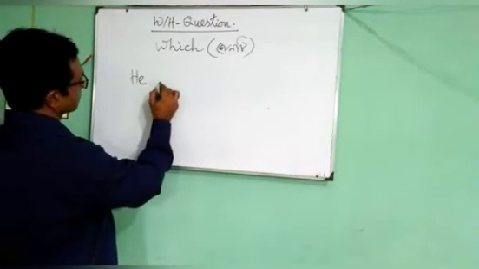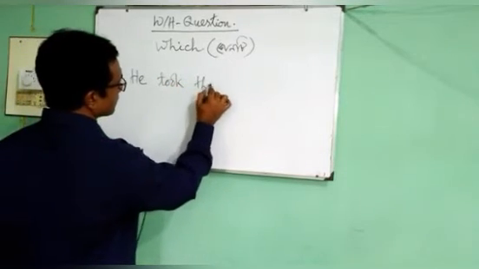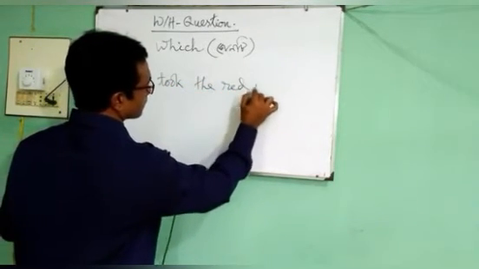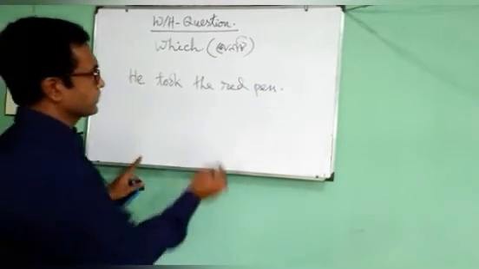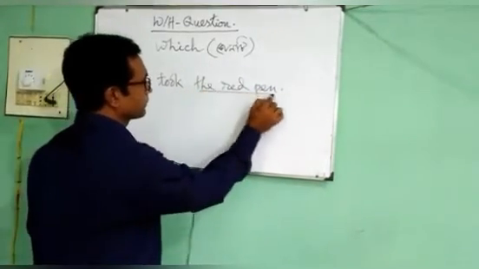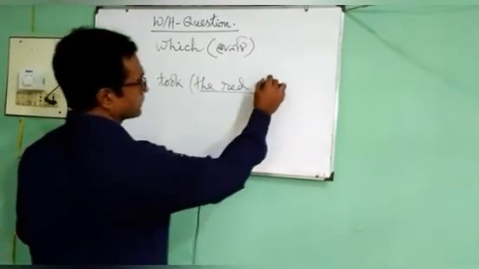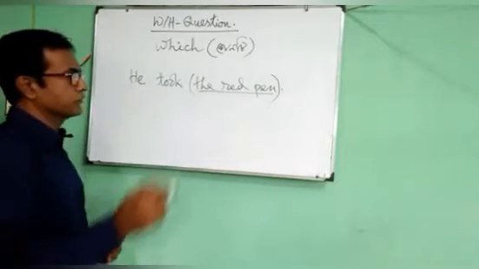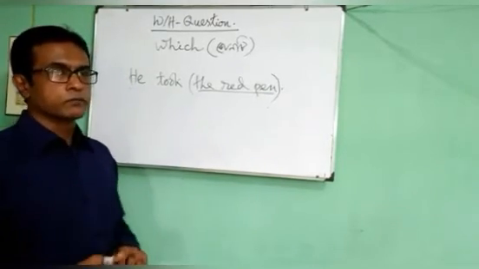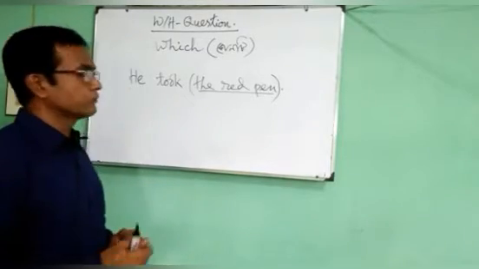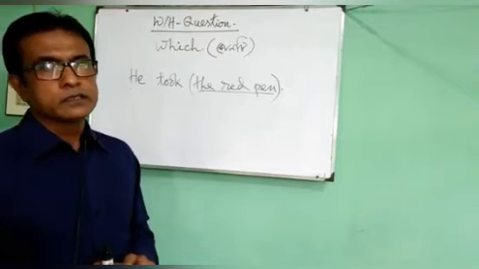He took the red pen. Not any other pen, especially the red pen. To identify the pen, the red colored pen, or to know the color of the pen, or to know the pen specifically, you can make a question using which.